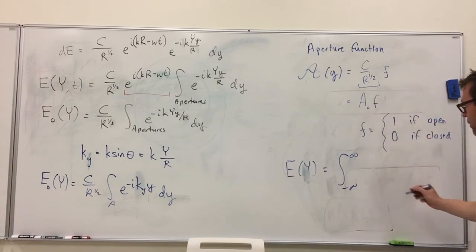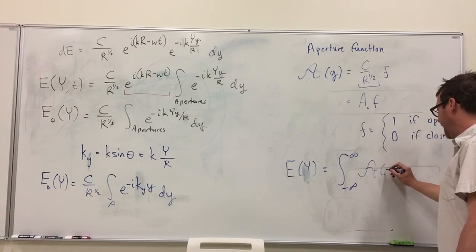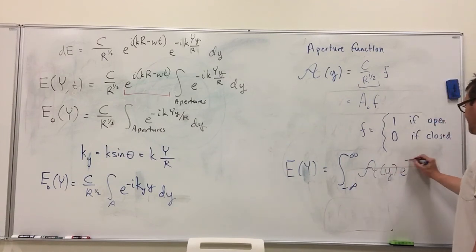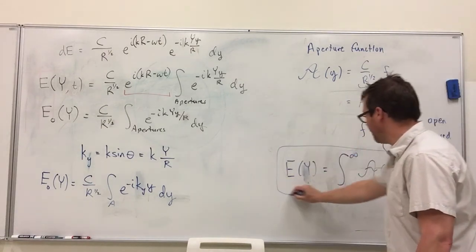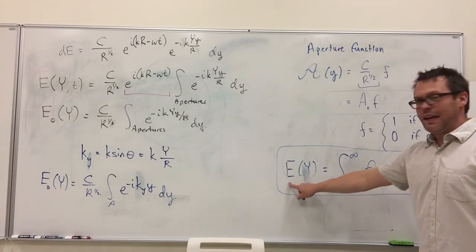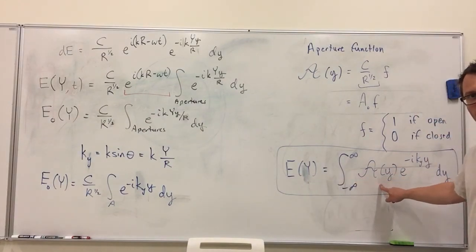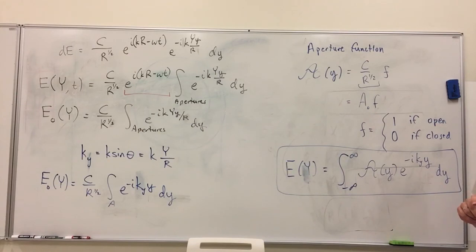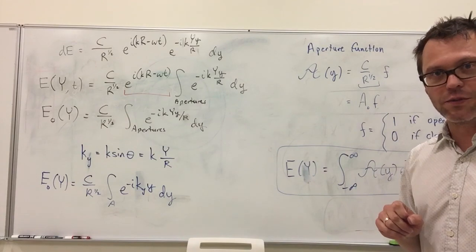So I'm integrating now over my apertures, basically. -infinity to infinity of A, which is a function of little y, times e to the minus i k_y y dy. I'm going to put a box around that, because if you stare at that for a second, I swear to you we have seen this integral before. E of big Y is the Fourier transform of my aperture function. We have found an extraordinarily practical use for the Fourier transform.